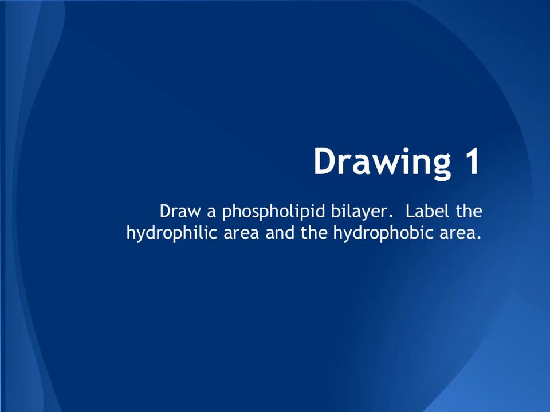Because if we can draw and then, of course, label these structures, then that tells us that we have some kind of image in our head that we can apply, that we can work with. Too often I find that students who don't do very well in the class don't have a very good ability to visualize and to draw. So if we're able to draw, that allows us to start to apply some of these concepts.